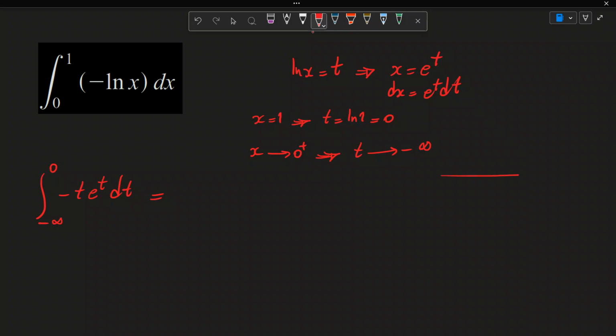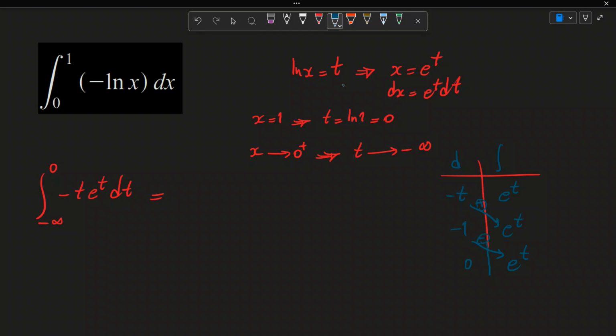And we know that to integrate this, again, we can use the by parts: derivative of minus t, integral of e to the t, uv minus the integral of v du, plus and minus.